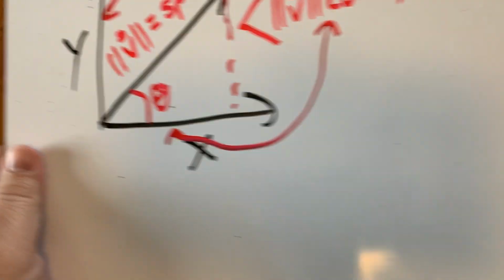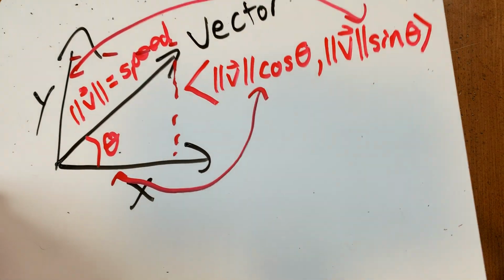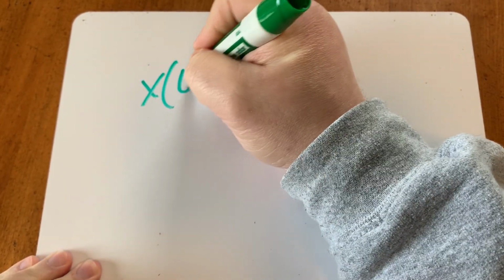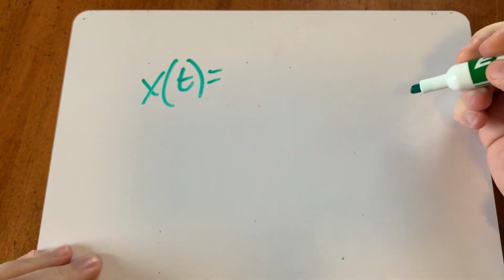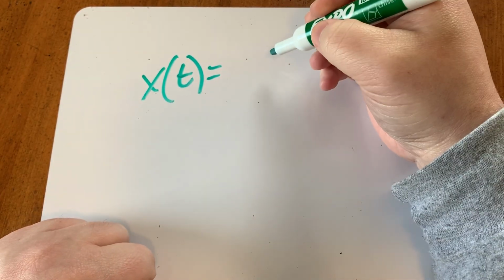For the horizontal piece, the x equation, that came from this component, the speed times the cosine of the angle of launch. So for our horizontal piece of x in terms of t, it's going to be a linear function, we said.